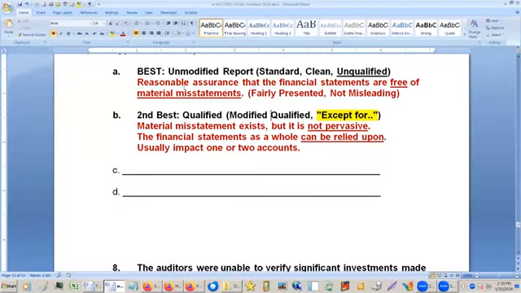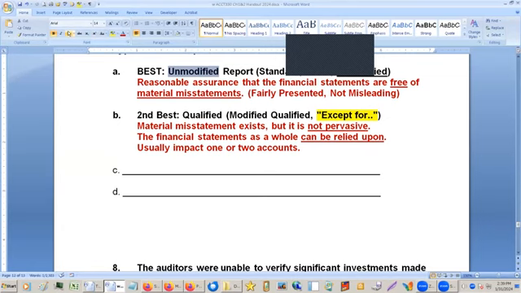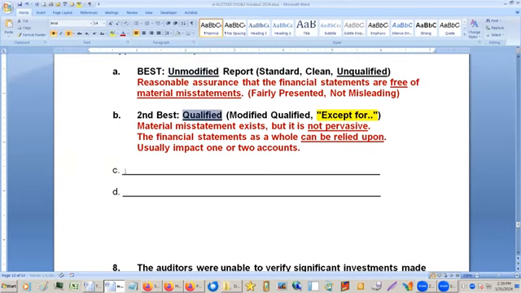Okay. So you get the unmodified, qualified, the worst opinion. I'm going to make it in big angry capitals.